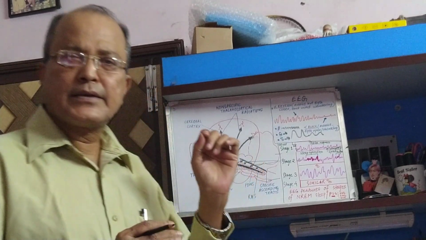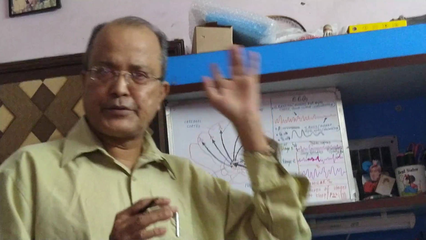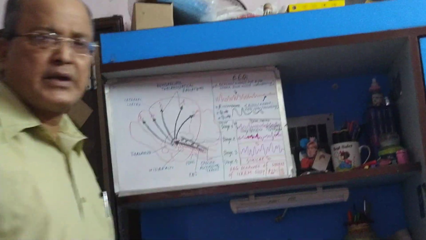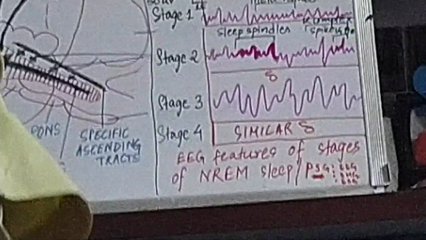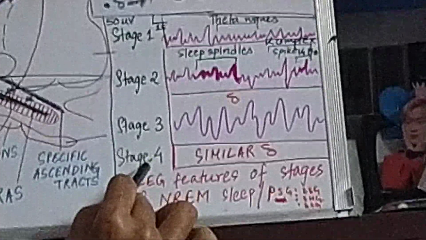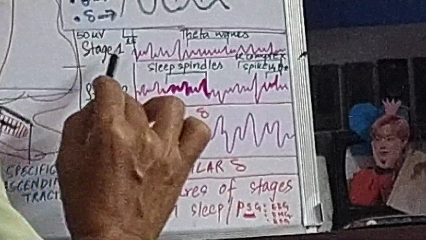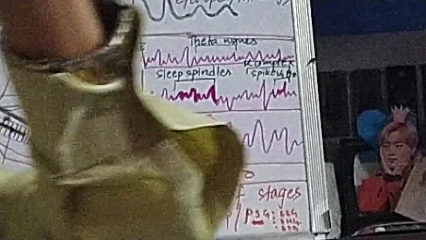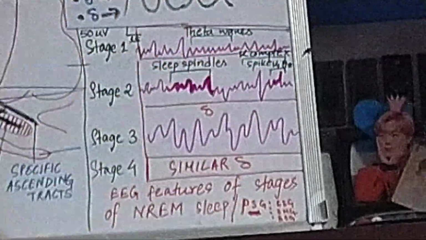Now we will go to the EEG features of NREM sleep and REM sleep. Let us consider NREM sleep first. As I told you earlier, NREM sleep is composed of 4 stages: stage 1, stage 2, stage 3 and stage 4. Perhaps you remember my last class, where I talked about the different waves of the EEG.